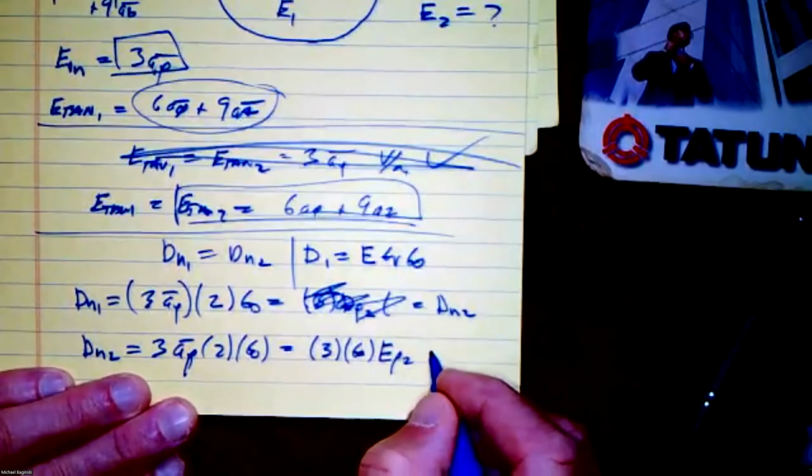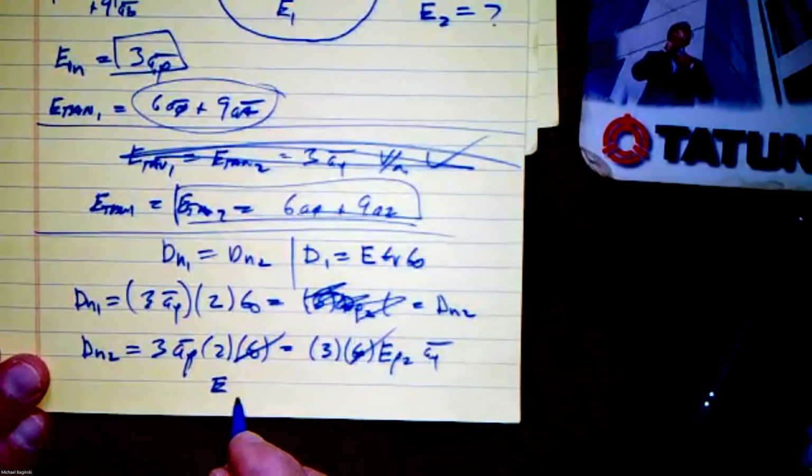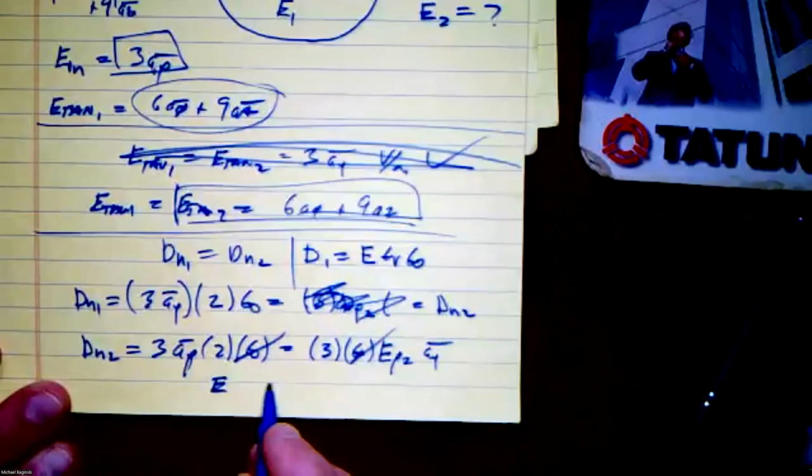The epsilon naughts cancel, they always will. That means the normal component of the E field in region 2 is simply 2a rho.